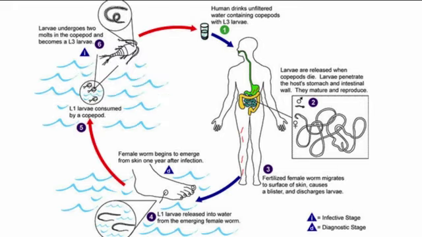So once released in the water, the L1 larvae will be consumed by the copepod, and that's the time that it will undergo developmental stages into becoming an L3 filariform larvae.